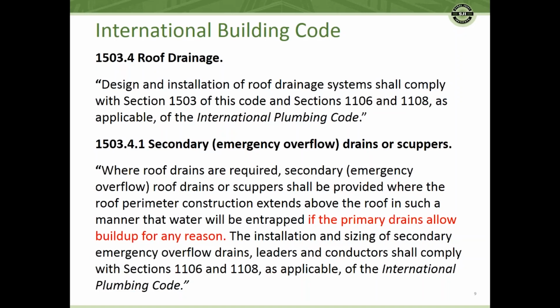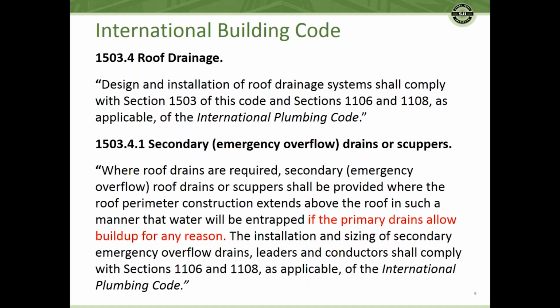What that means certainly is that if you had a roof system that had simply gutters, no parapets, and the water can just run off the roof without being entrapped, then you would not need any sort of secondary drainage system. Some of the things I've put in red on the slides I think are kind of important words.